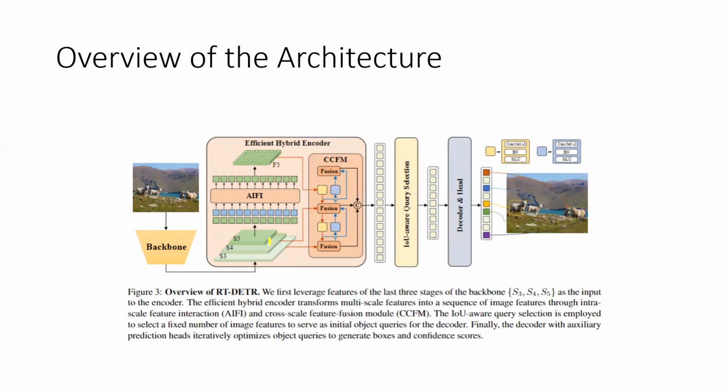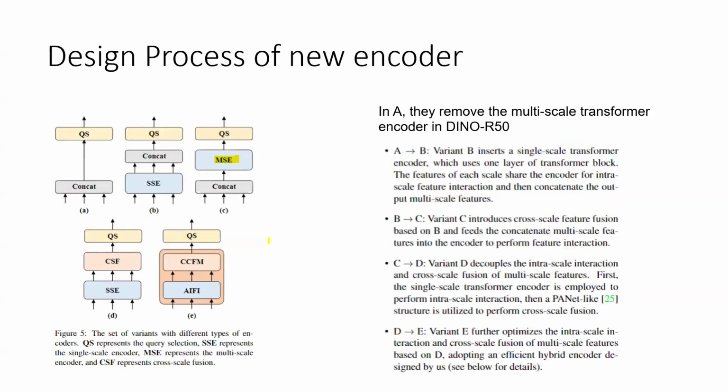S3 is one scale, S4 is one scale, S5 is another scale. In the single-scale encoder, they just took one scale, most likely the last one, S5. For the multi-scale encoder, they took all the scales, all the feature layers, and tried that. For the fourth one, they combined both a single-scale encoder and CSF, cross-scale fusion. They fused all the features and made the query.